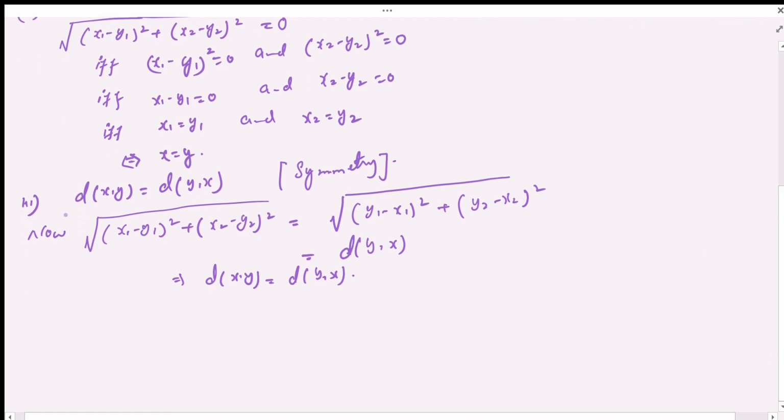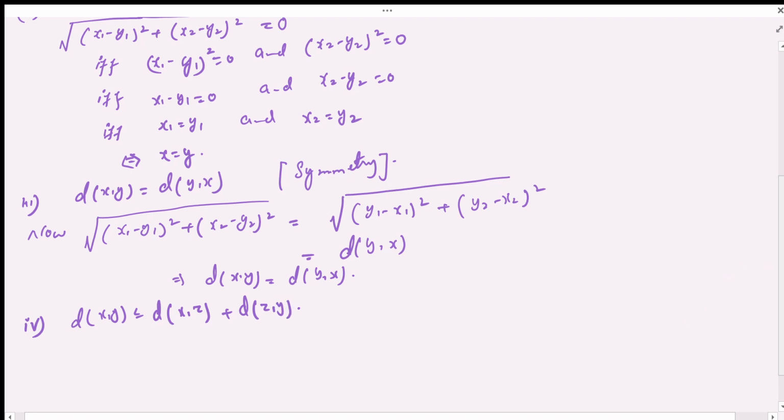Coming to the last point of this example, the last thing that we need to show is the triangle inequality. To prove the triangle inequality, we have to prove that d(x, y) is less than or equal to d(x, z) plus d(z, y).